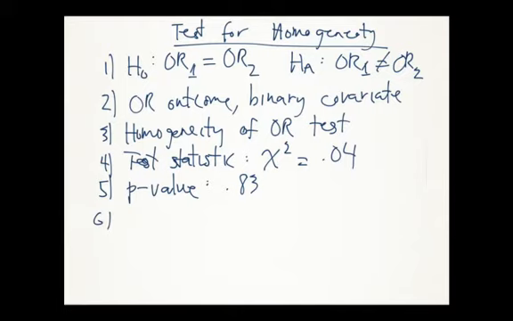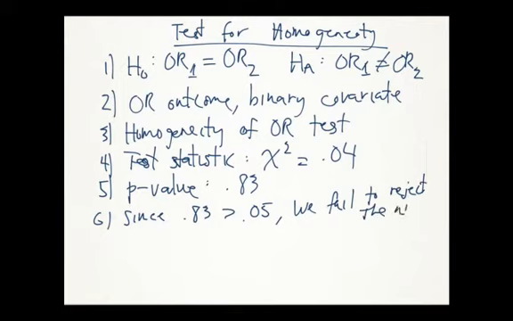And so since 0.83 is larger than 0.05, we fail to reject the null.